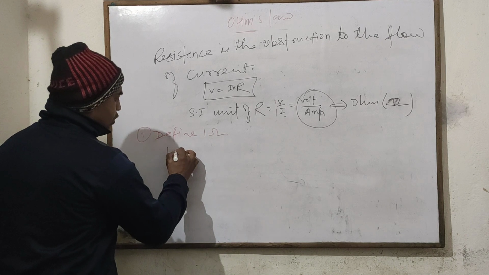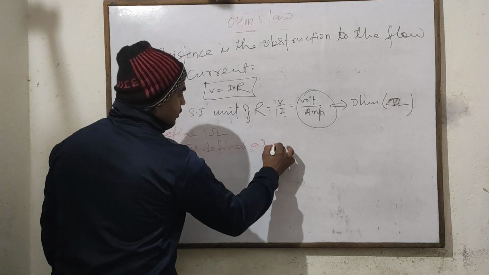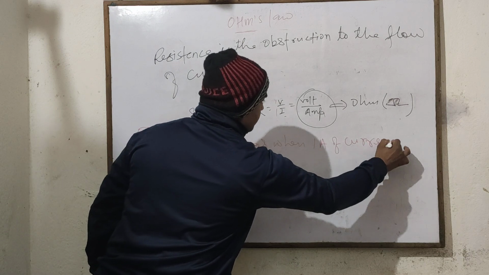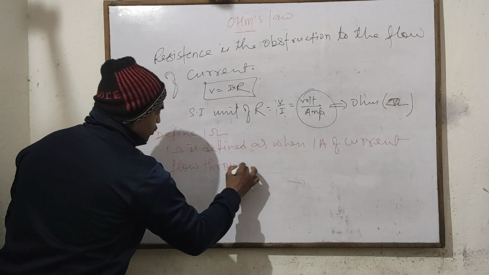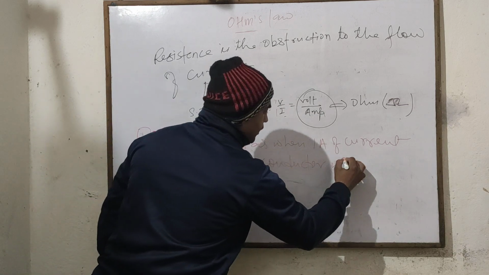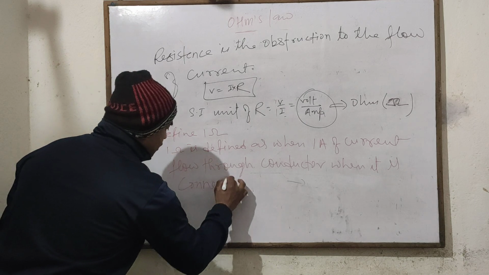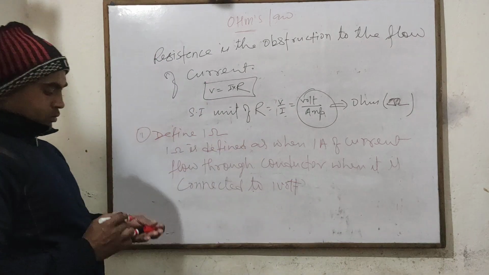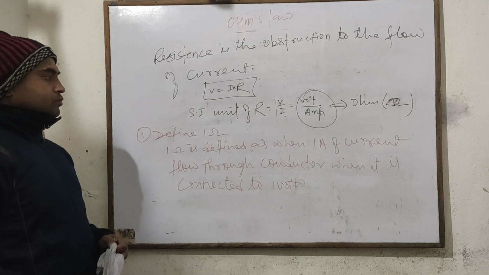And 1 ohm is defined as when 1 ampere of current flows through a conductor when it is connected to 1 volt. Okay, you may take a screenshot of this.